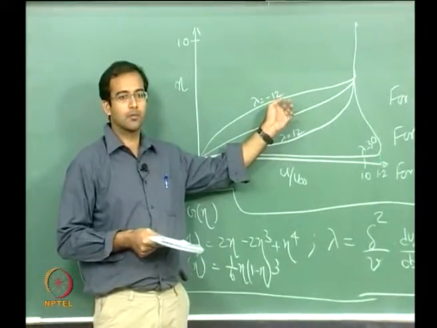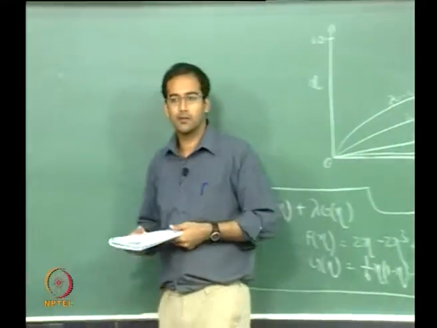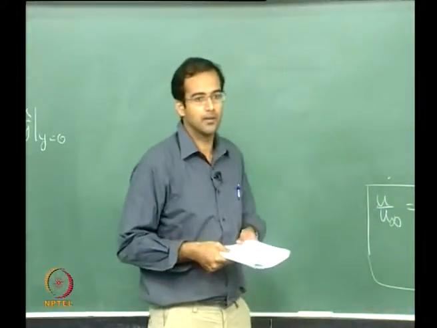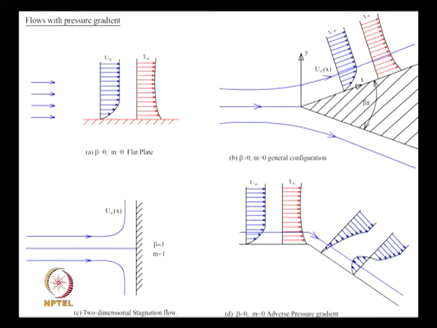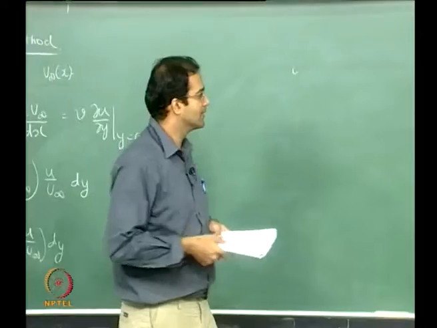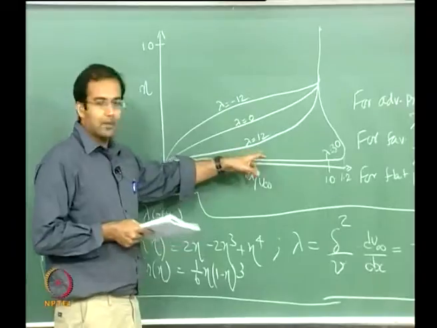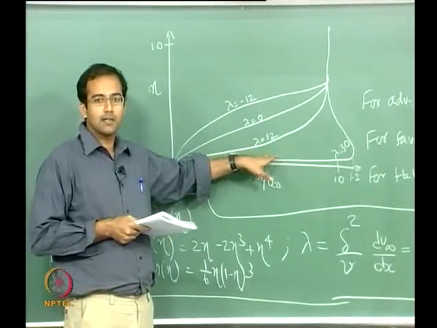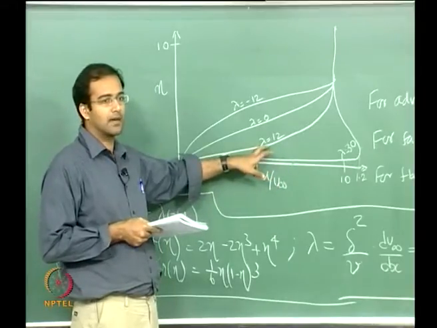So if you go below minus 12, the boundary layer would have separated and you cannot find solutions from the boundary layer equations. Okay, so that is the lower cutoff, and the upper cutoff is not 30 because it becomes non-physical, so we are stopping at the value of 12.